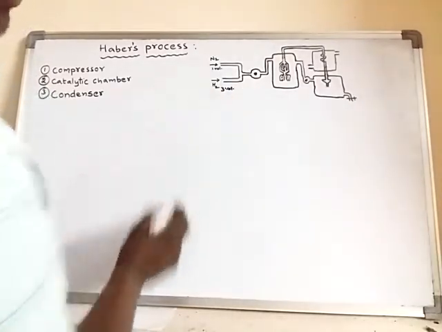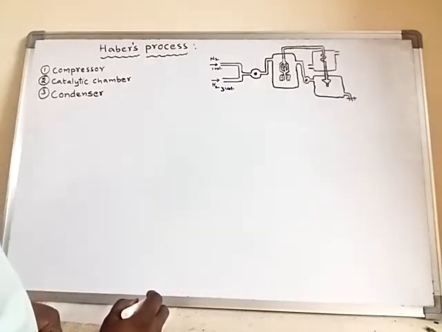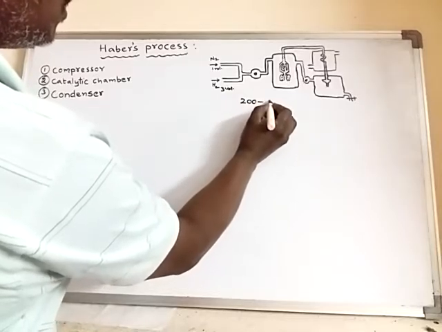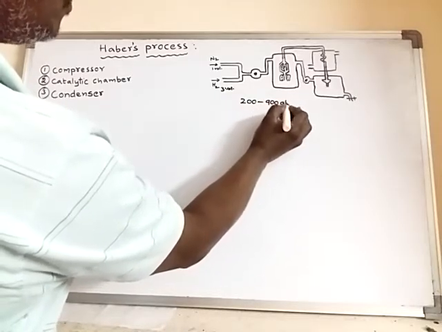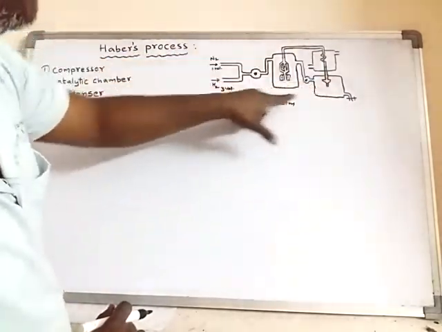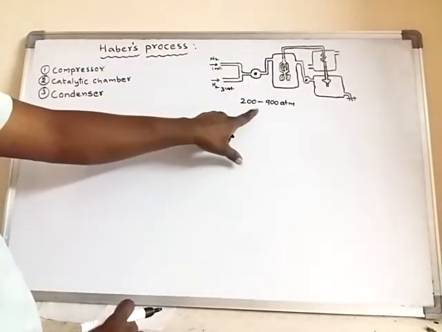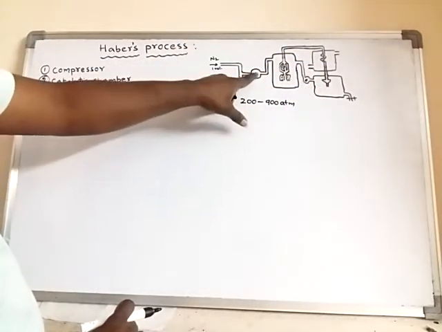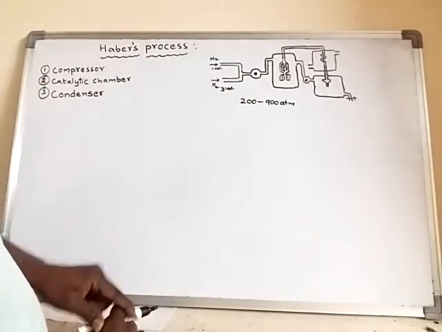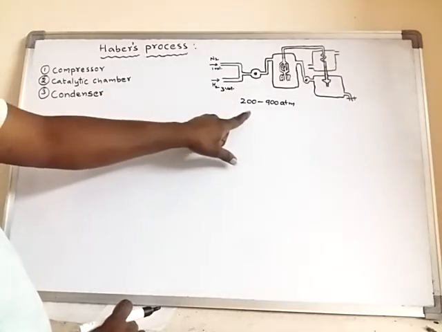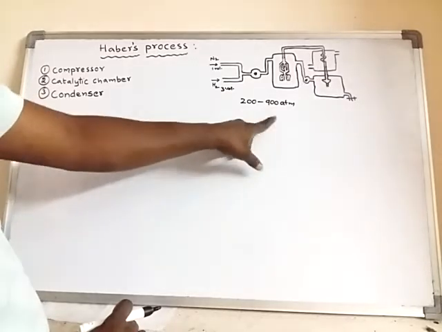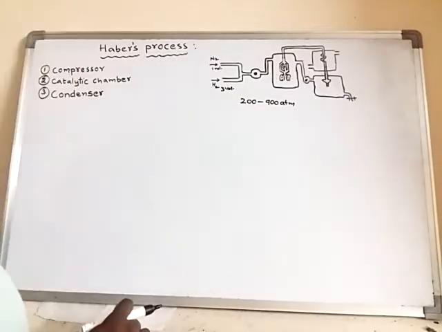The gaseous mixture is compressed under a high pressure of nearly 200 to 900 atmospheres, depending upon the structural strength of the plant.